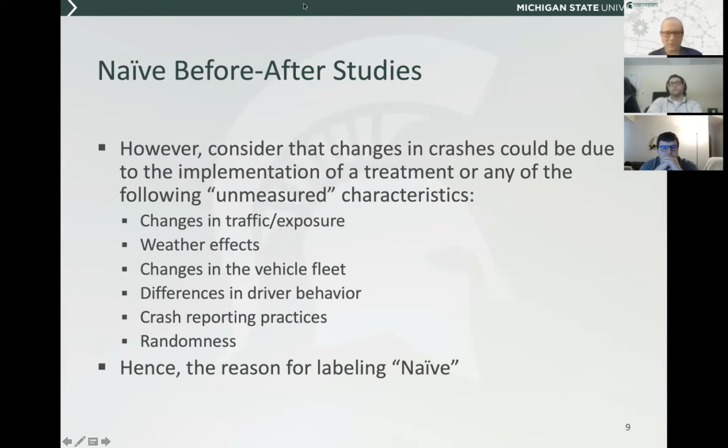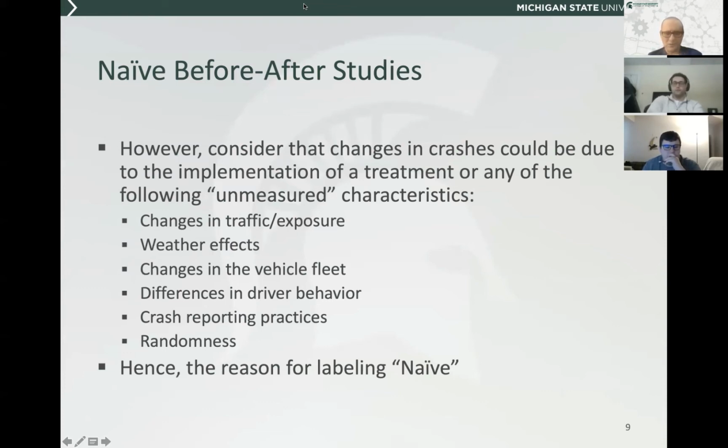Crash reporting practices, this really isn't a concern typically when we're comparing crashes at individual locations. It'd be more of a concern if we were trying to conduct evaluations across states. So if we looked at a state like Michigan, where we legalized recreational marijuana, and we wanted to determine the effects of that as compared to states that had more stringent regulations on marijuana use, the crash reporting practices would play a role there.